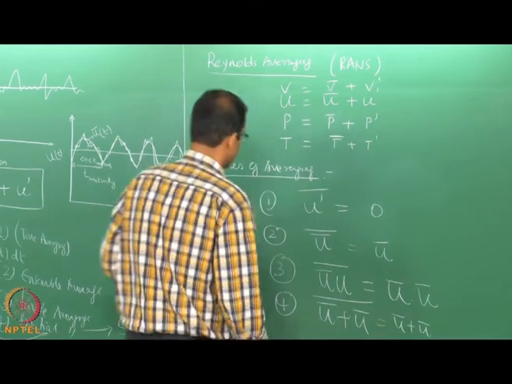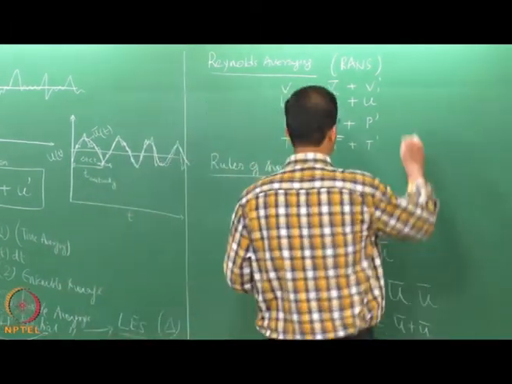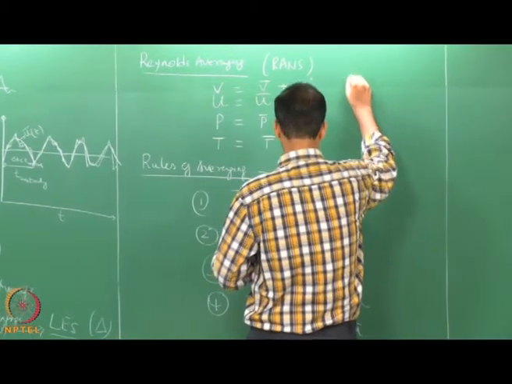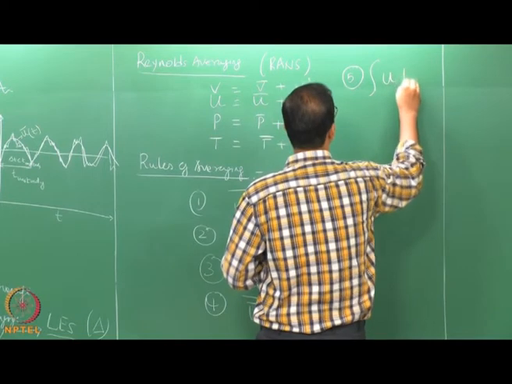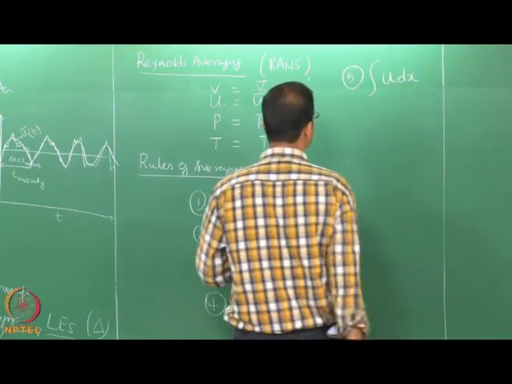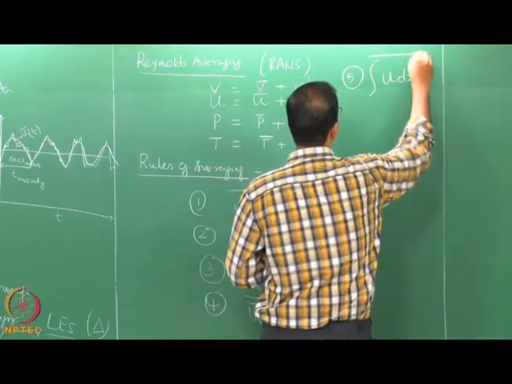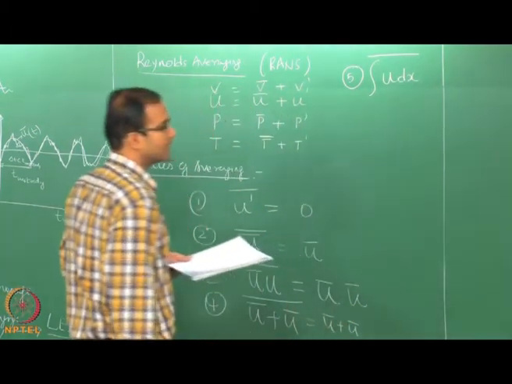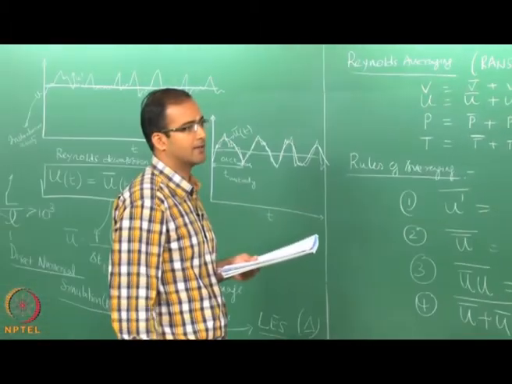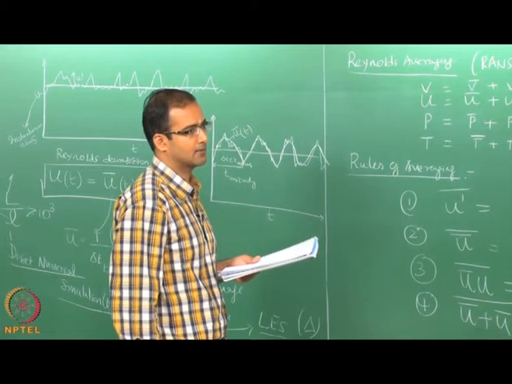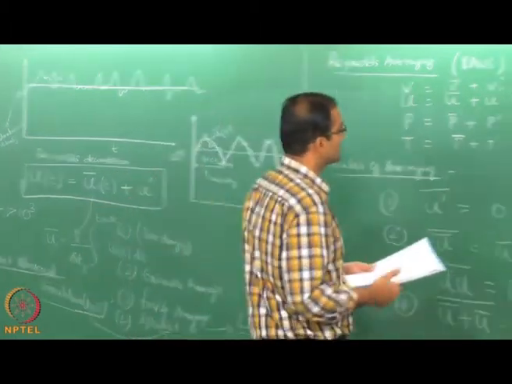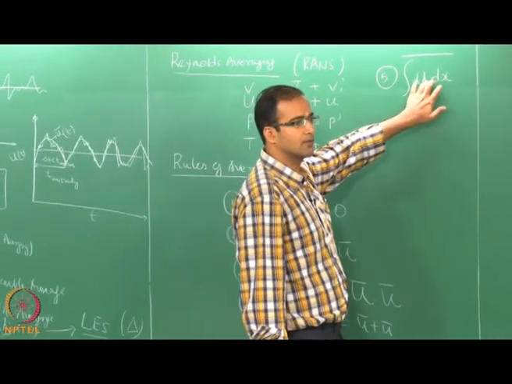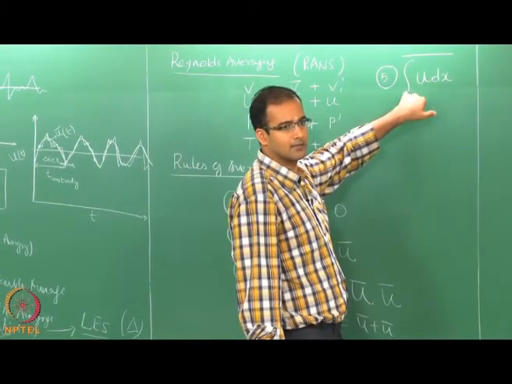Number 5: apply the mean to an integral. That means I am averaging the entire integral of an instantaneous component. So, I have, say, integral u dx and I want to average this. This averaging operation applies only to the u and not to the integral.